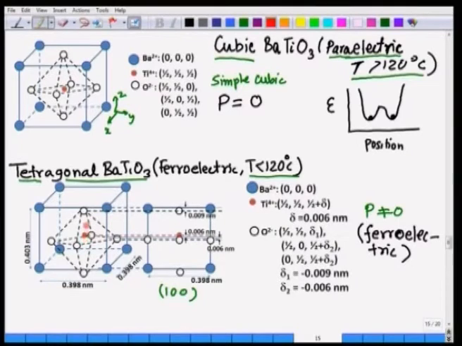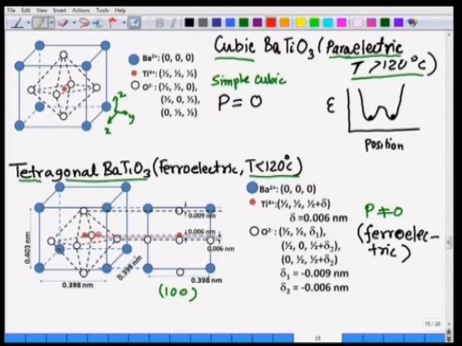So titanium moved up a little bit, and the cage of oxygen atoms moved down a little bit, and this all happened because you squeezed these 4 ions in and pulled these 2 ions farther apart, and that led to a tetragonal structure. So this is what has happened, and hence this kind of structure formed.